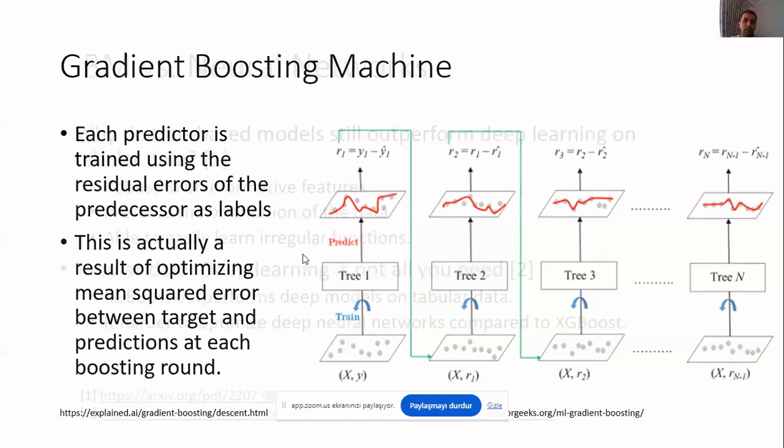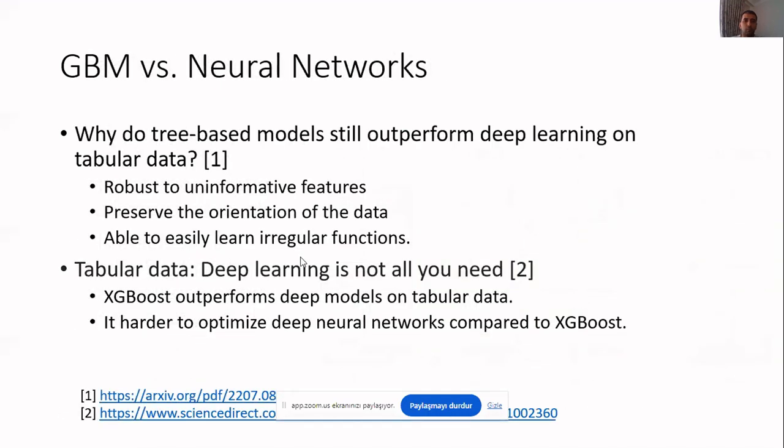And gradient boosting machines are very popular. They perform better than neural networks for tabular data because they are robust to uninformative features or noise features, they are capable of preserving the orientation of the data, and they are able to easily learn irregular functions.